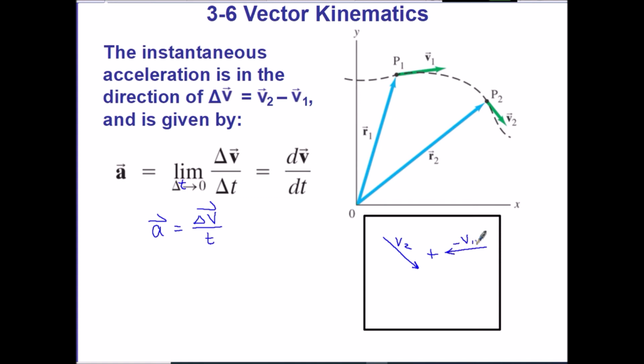And when I add these things together, again, tail to tip, what I get is a delta v that's pointed inward, toward the center of this circle. So I can think of this as being the direction of delta v, and that's actually the direction of the acceleration as well.